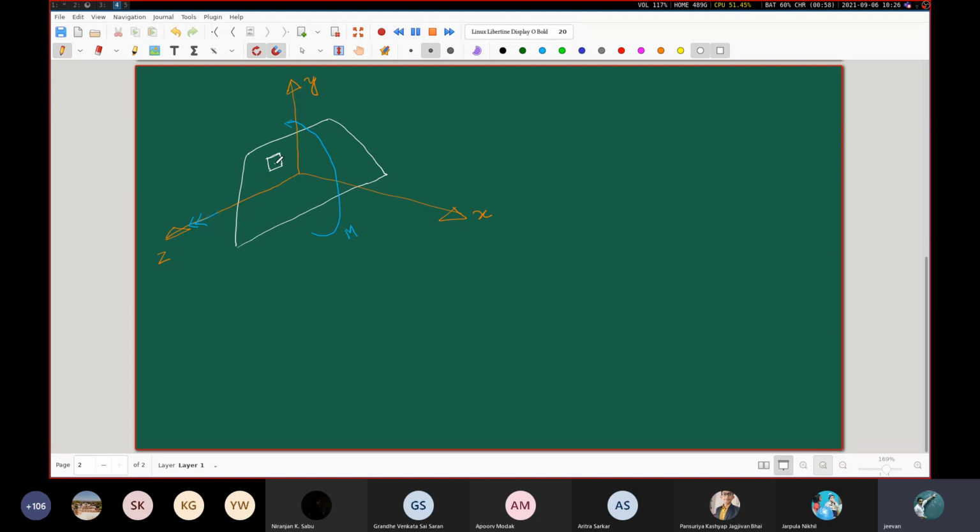Suppose I do draw the force like this. Let me draw it in blue color. I'll just change the position of this, otherwise it will become a cluttered mess. So this is my force.